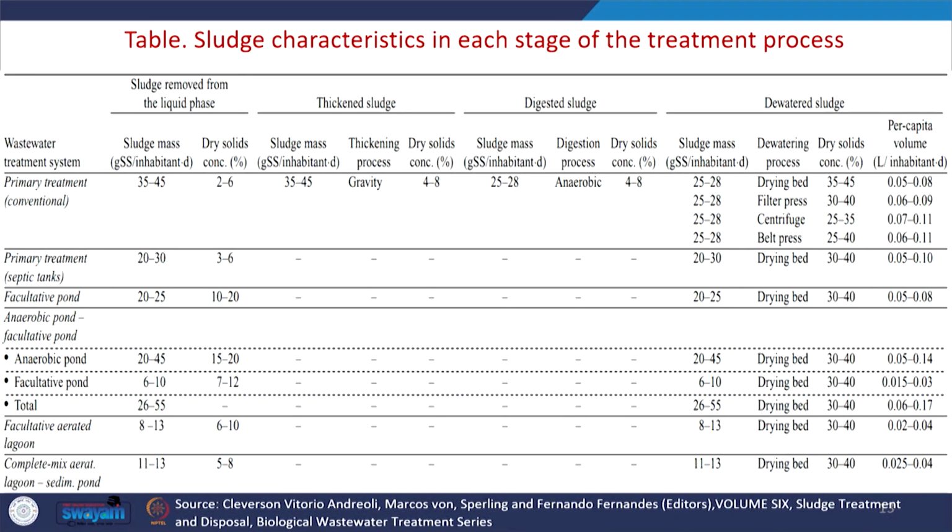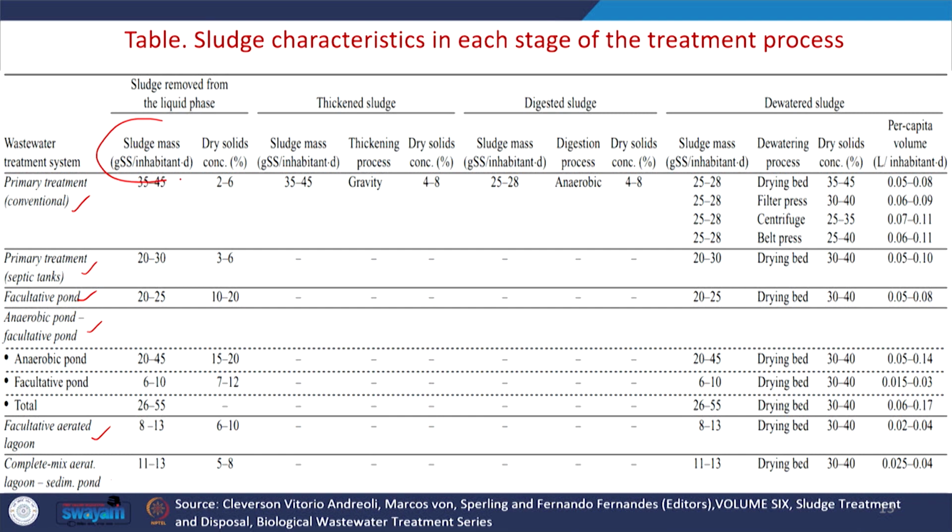Now, the sludge characteristics in each stage of the treatment process are defined here. Though the table is a little bigger, you can pause the video anytime to understand further. So, for the wastewater treatment plant, we have primary treatment, then septic tank, facultative pond, anaerobic pond, then facultative aerated lagoon, etc. Here, the sludge is removed from the liquid phase.